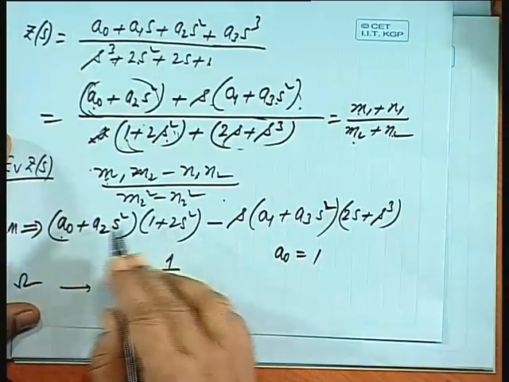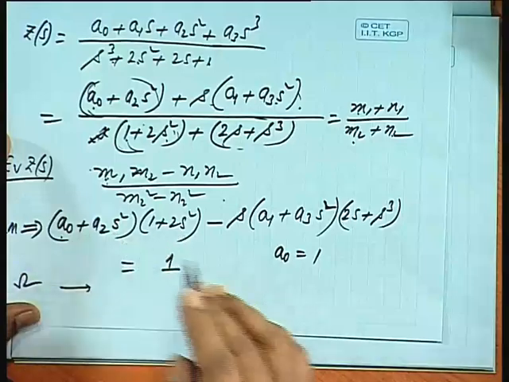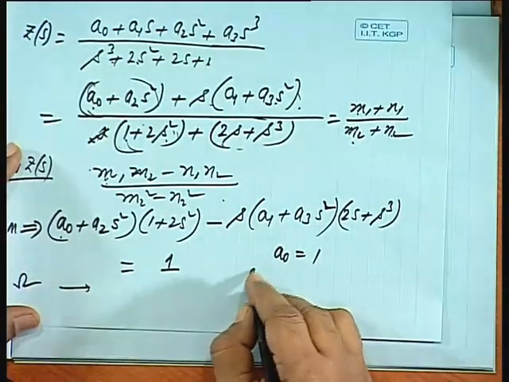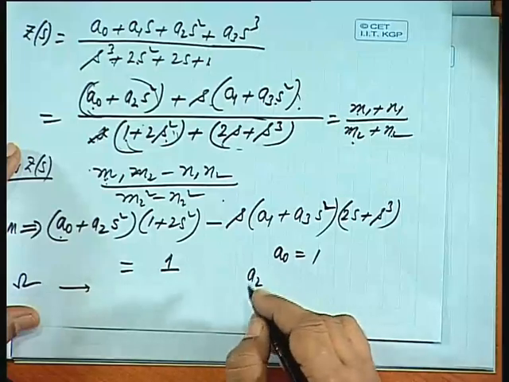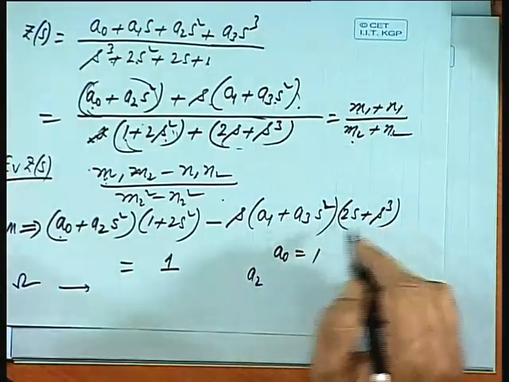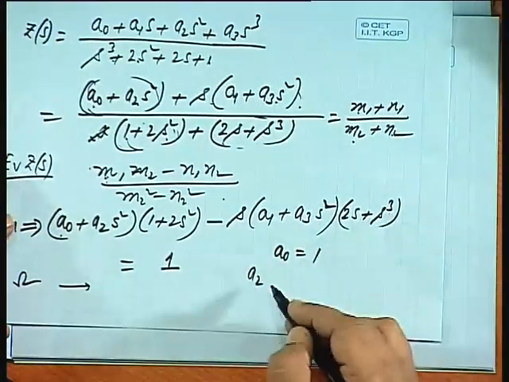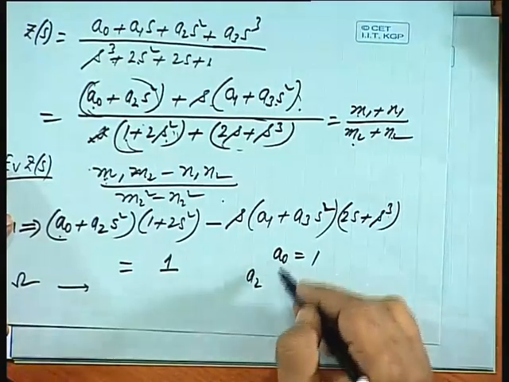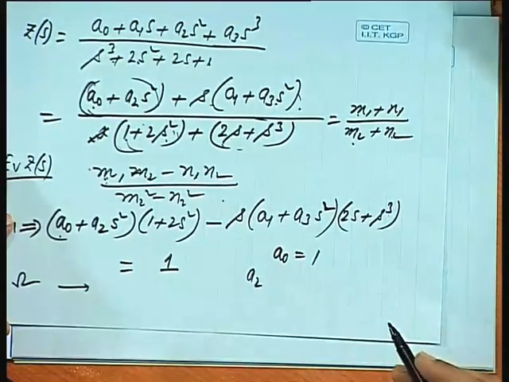All other coefficients of S square, S4 etc. will be 0. We have up to S to the power 6. So, there will be 3 equations, S to the power 2, S to the power 4, S to the power 6, all the coefficients equated to 0.